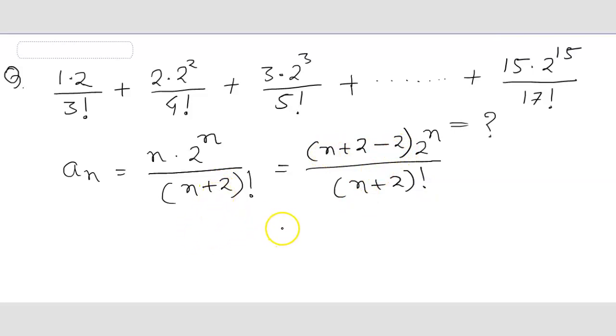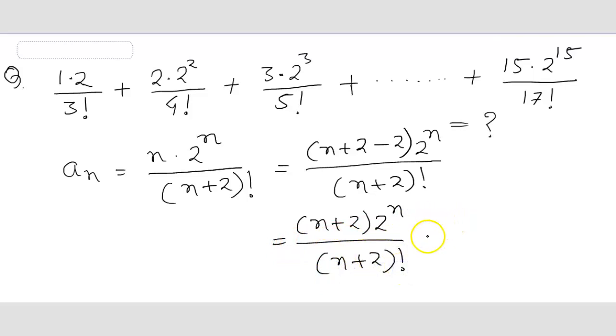Now we can multiply and separate those two things like this, and this is say 2 and n plus 1, so 2 to the power n plus 1 by (n plus 2) factorial.